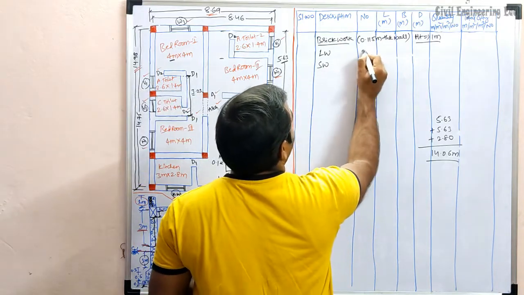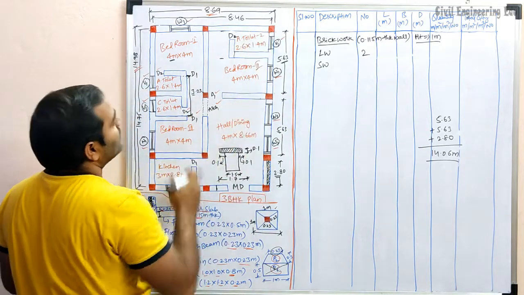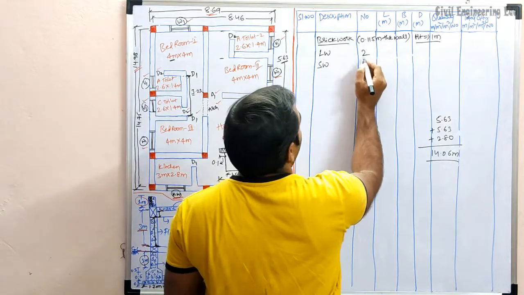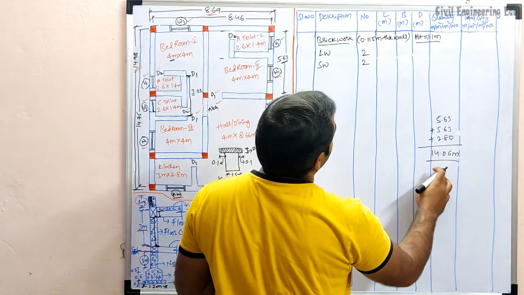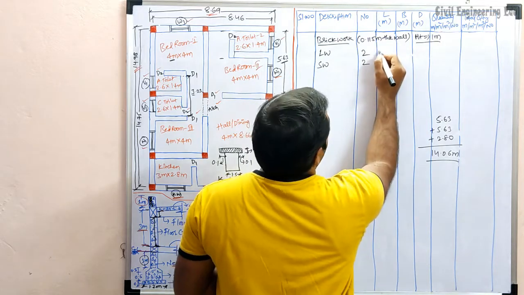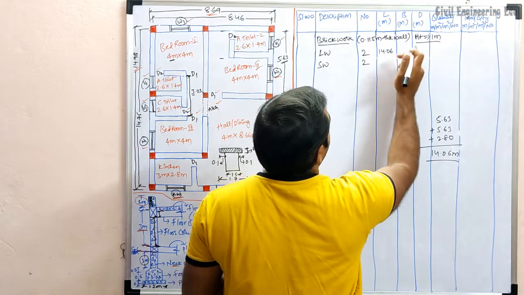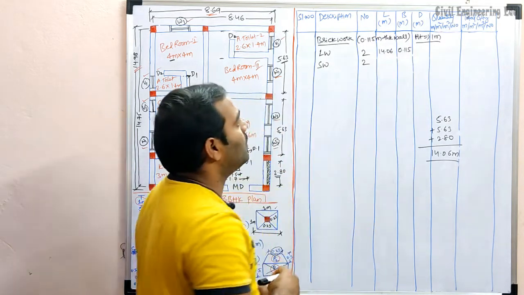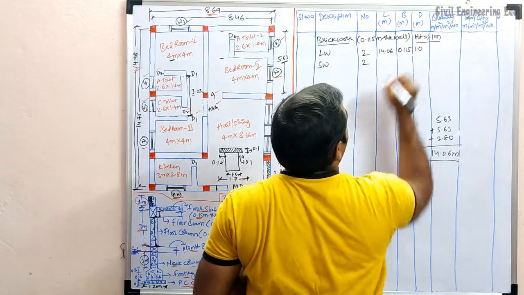So numbers we have to take two numbers, because this side we have to calculate and this side also we have to calculate. So two numbers in longer side, two numbers in shorter side. What is the length here? Length is 14.06 meter and breadth of wall is 0.115, that is 4.5 inch wall. And coming to the depth is nothing but height of wall.